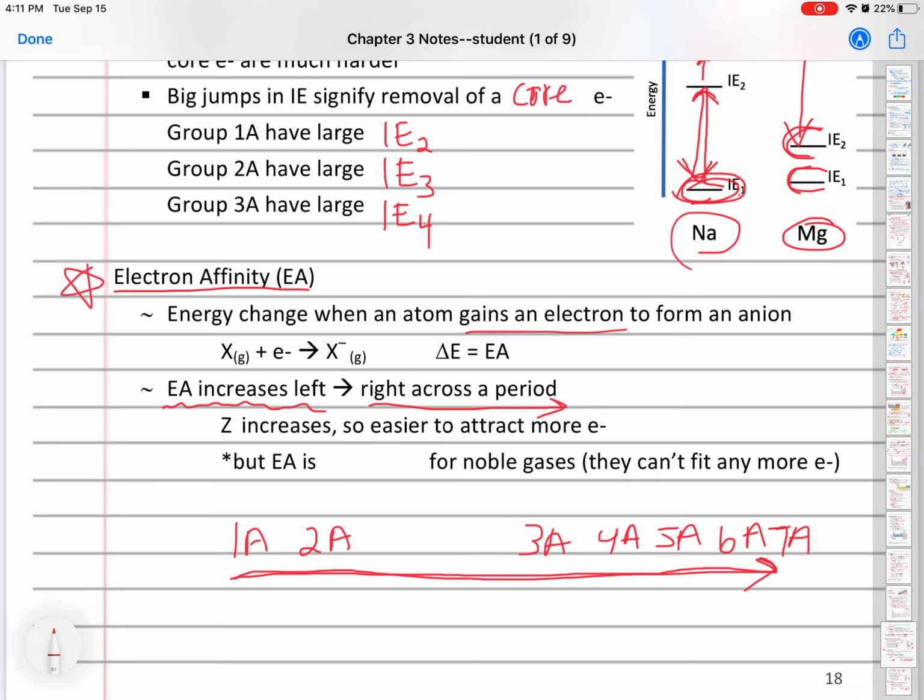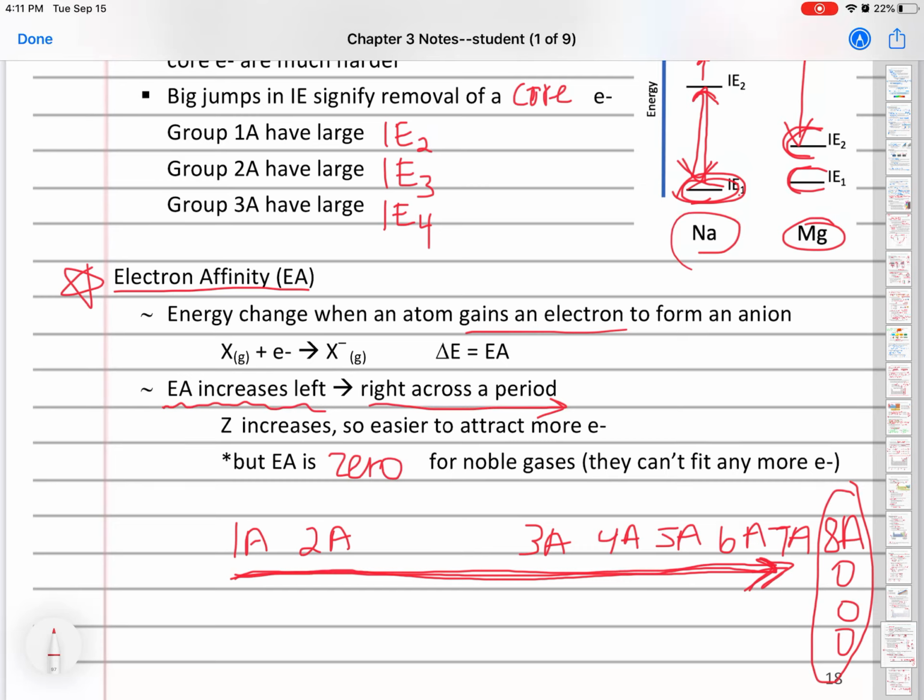All right. Also, as we go across the table, the effective nuclear charge increases. So they have a higher attraction for these electrons. All right. The sort of caveat and exception here to know is these group 8A elements, the noble gases. Okay. So it increases all the way to 7A, but then the 8A elements have an electron affinity of 0.